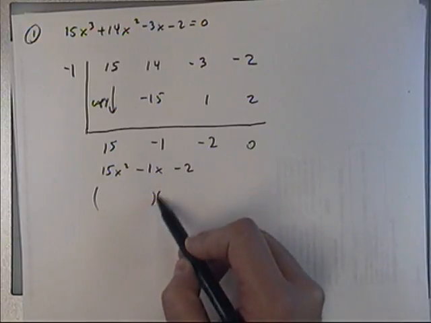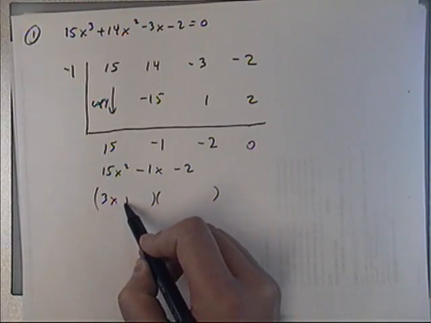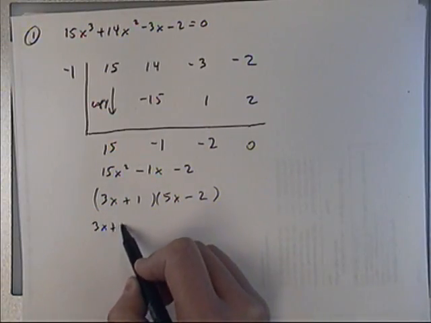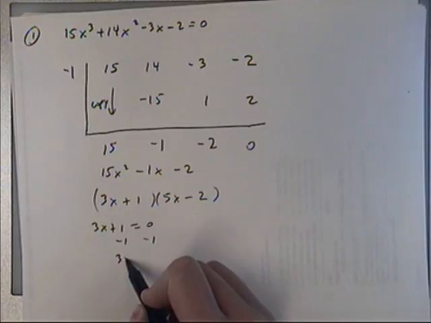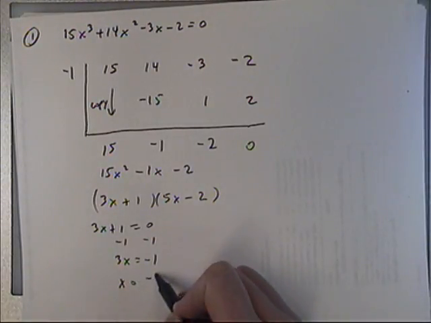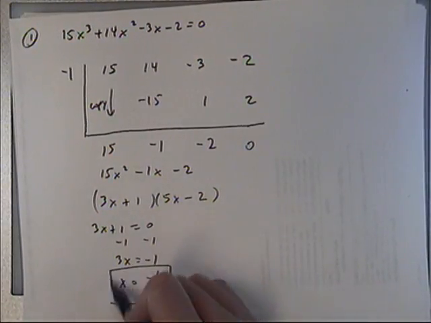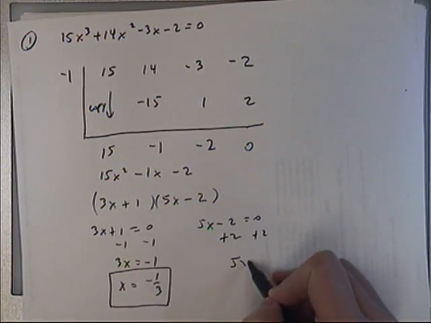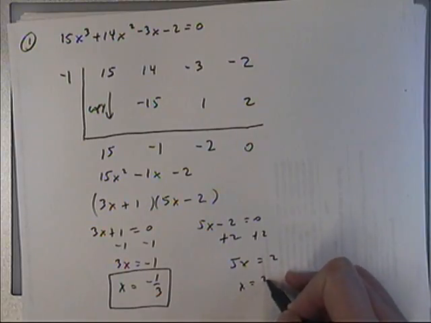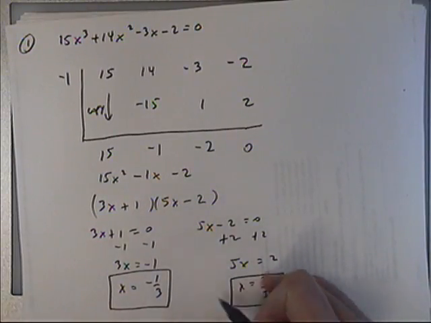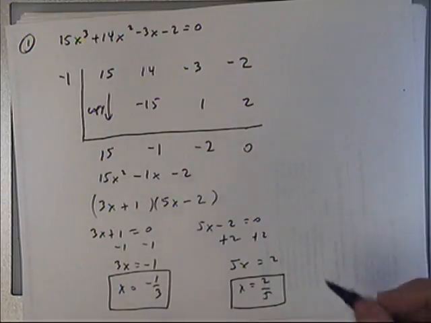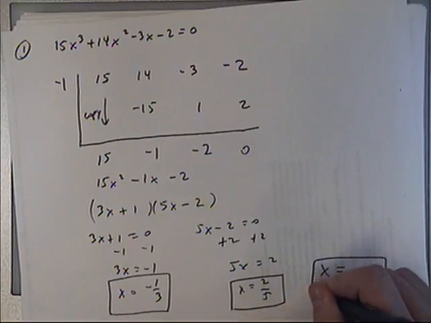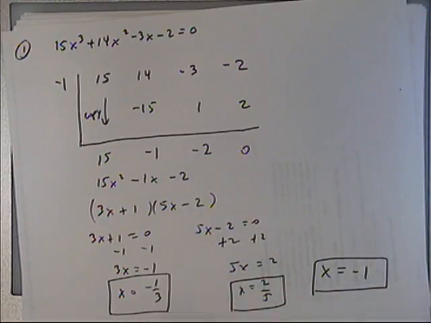It turns out this one is factorable into 3x plus 1 and 5x minus 2, and setting each of these equal to 0, I get my final two answers of -1/3 and 2/5. So if you want to include the first one in your answer as well, the last answer for the x-intercept or the zeros or solutions, whatever you want to call them, would be -1. So 1, 2, 3 for a third degree polynomial.